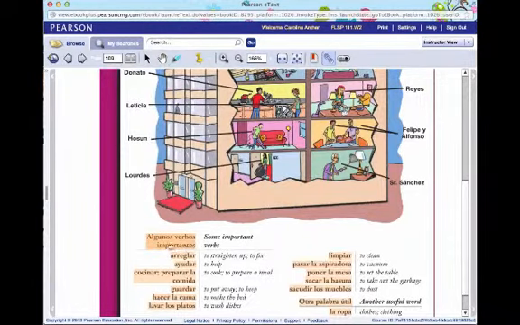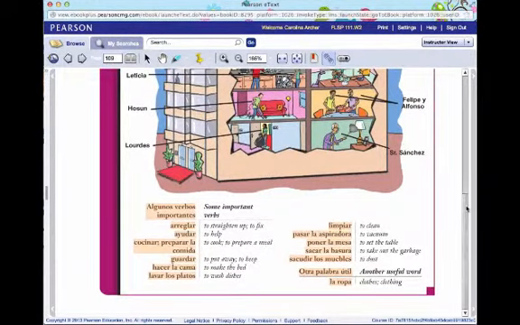So for example, we have arreglar, to straighten up or to fix. Okay, arreglar is regular. So if you know how to conjugate AR verbs, you can conjugate arreglar. Yo arreglo, tú arreglas, él arregla, etc. Okay, ayudar means to help, and it is also regular.